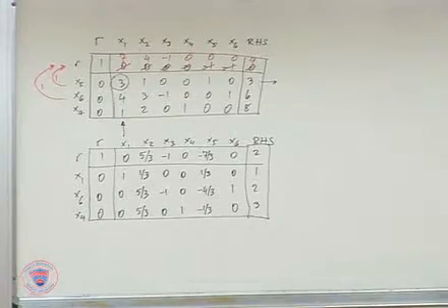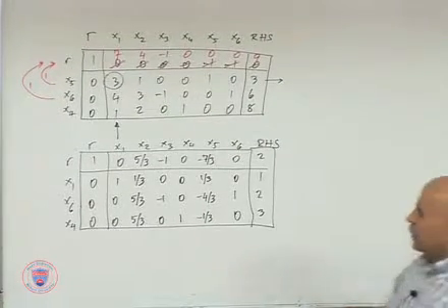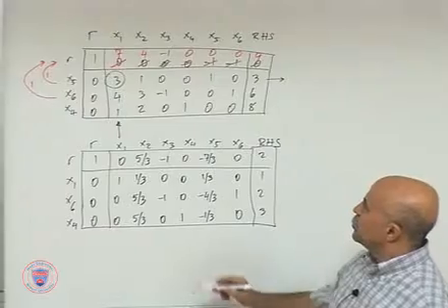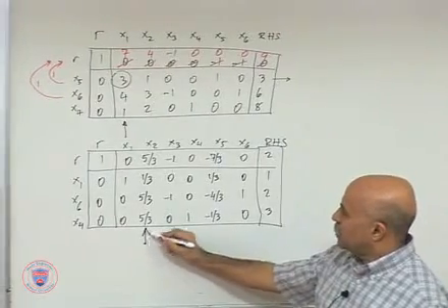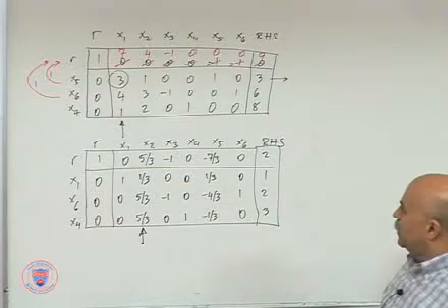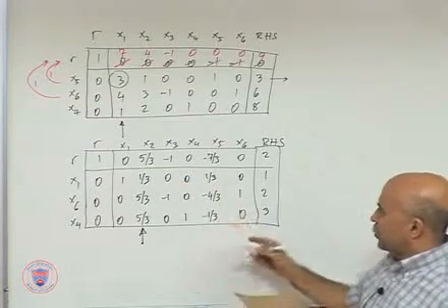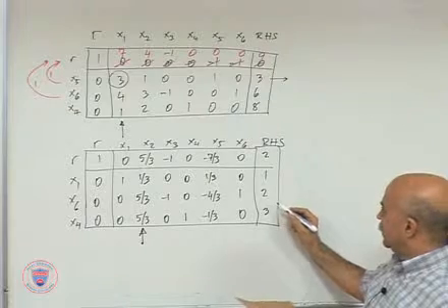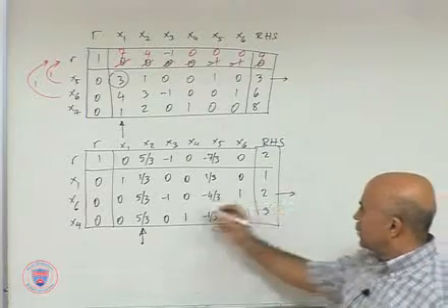Okay. At this point, we choose x2 as the entering variable because of the positive reduced cost here. And then you look at the ratios, and it turns out that the second one is the smallest.